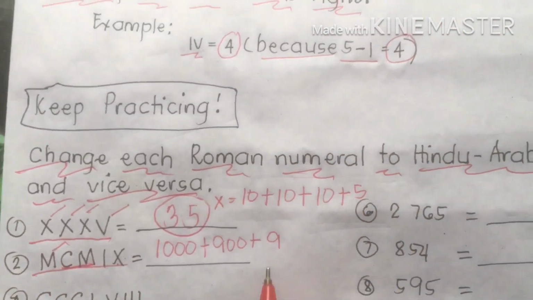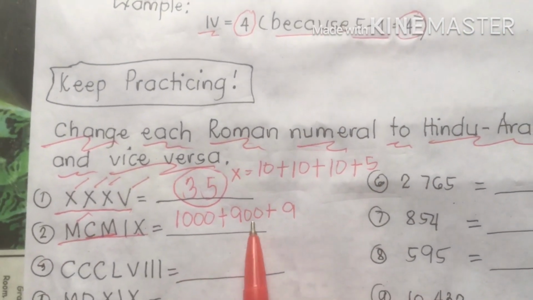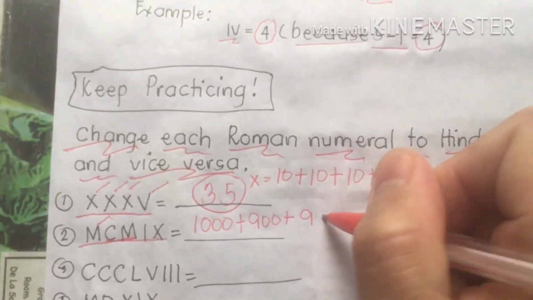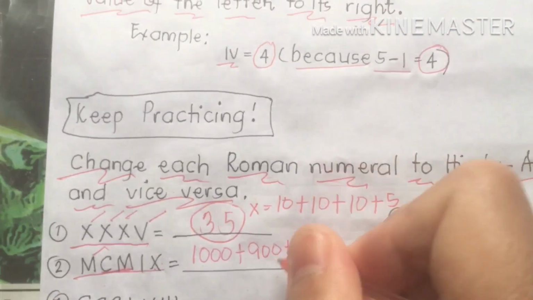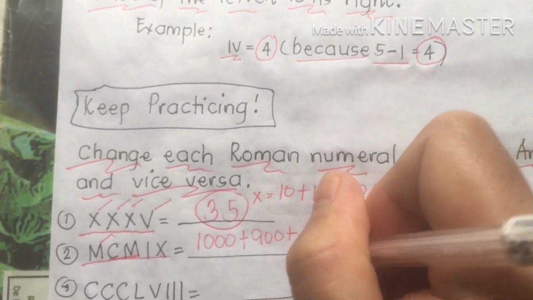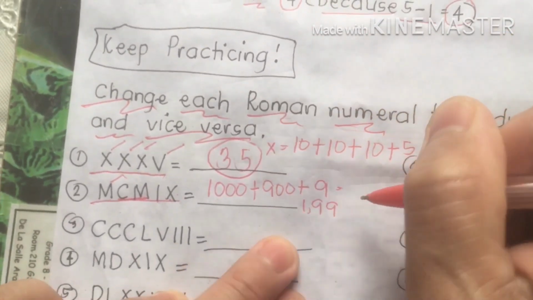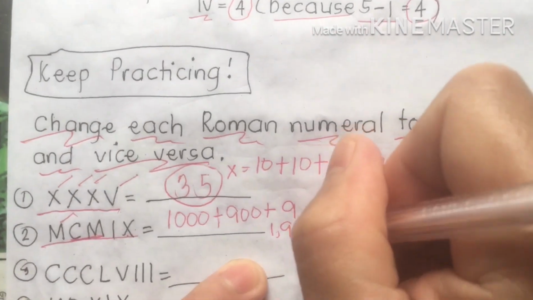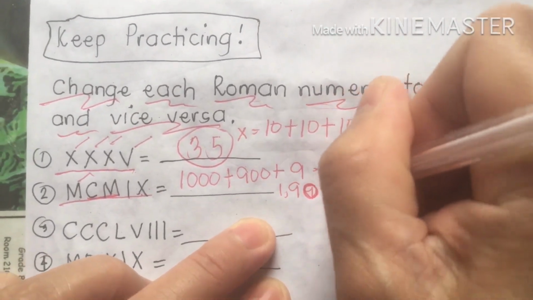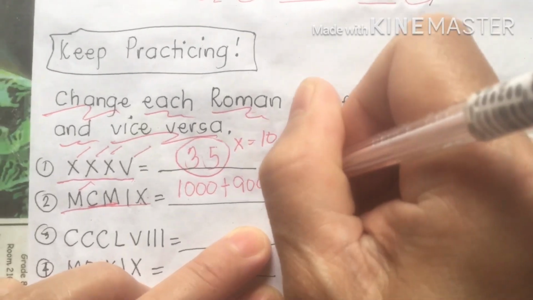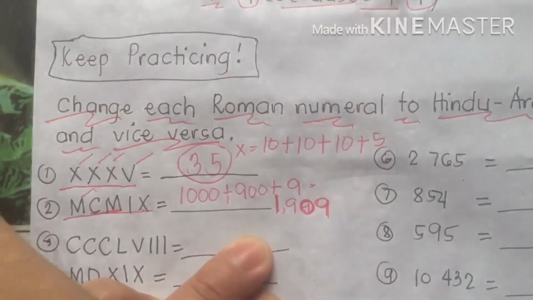Therefore our answer: 1000 plus 900 plus 9, so we have 909. This will be our answer.